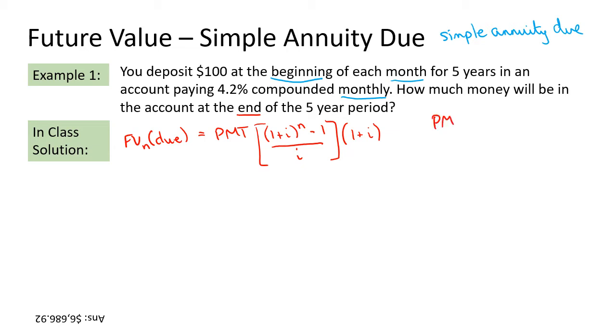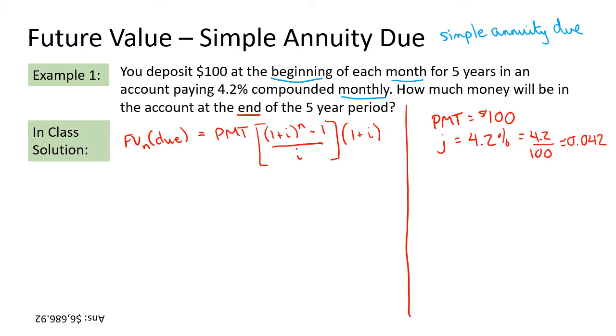In my little sidebar on the right, you know your payment is $100. Your nominal interest rate in the question is 4.2%, which is 4.2 divided by 100, removing the percentage sign, or 0.042. Your compounding frequency, m, is 12 because it's monthly.